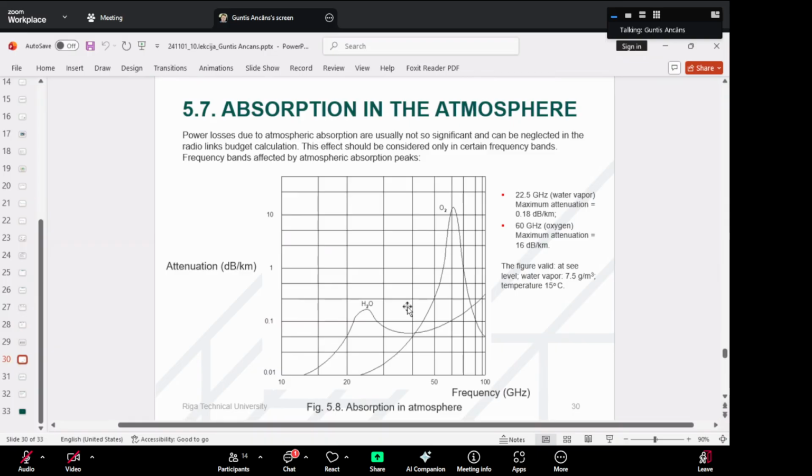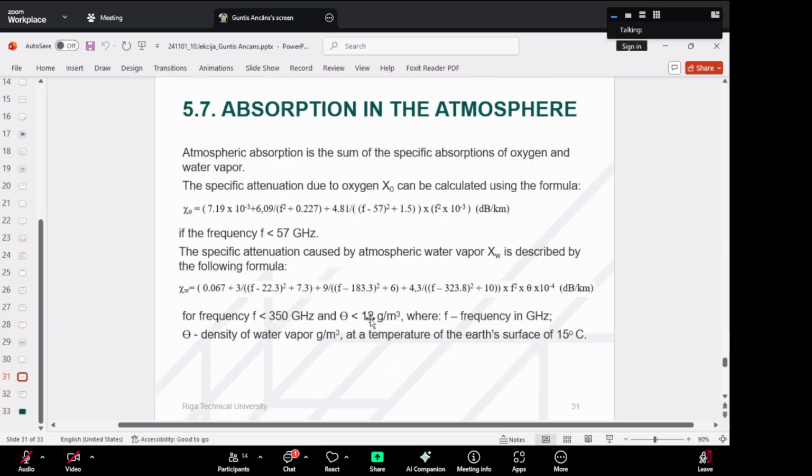These values are valid for particular conditions given in this slide. You see for different frequency ranges, the attenuation is dramatically different. Some absorption calculations.